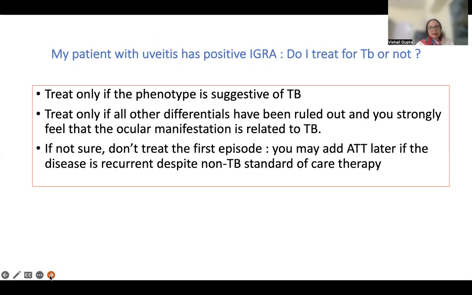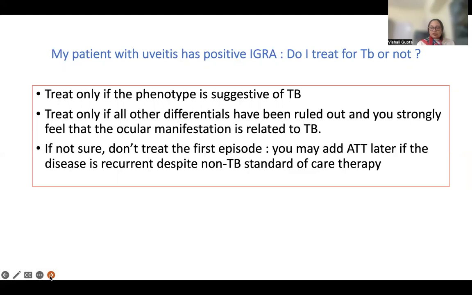Treat only if the phenotype is suggestive of TB. Treat only if all other differentials have been ruled out and you strongly feel that the ocular manifestation is related to TB. If you are not sure, don't treat in the first episode, because you could always add ATT at a later stage, because this is not an infective disease process the majority of the time.